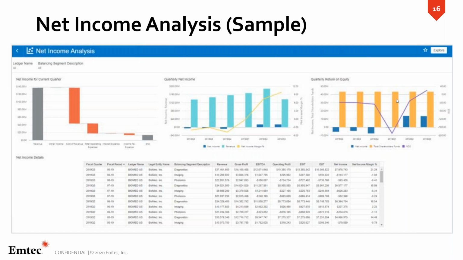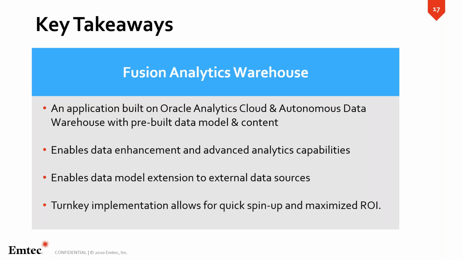There's definitely a lot more content out there with Fusion Analytics Warehouse. More content is being added every day. In fact, the product is constantly getting updated with new content being released by Oracle. I just wanted to provide a quick sample as part of this webinar.